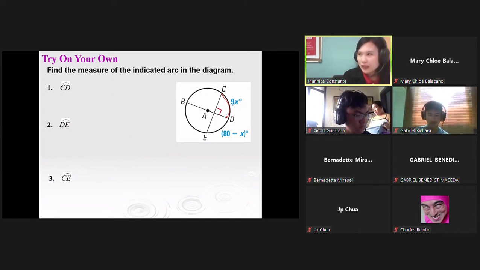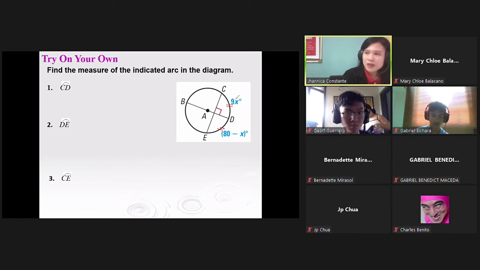So that means the measurement of the arc CD is equal to the measurement of our arc DE, since the line that bisects the chord is a diameter.